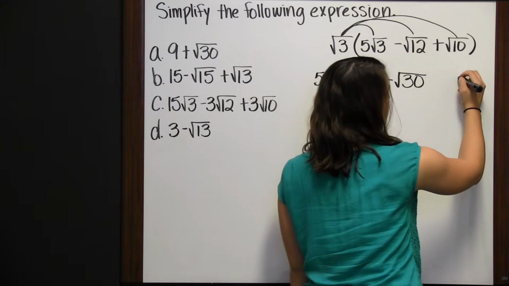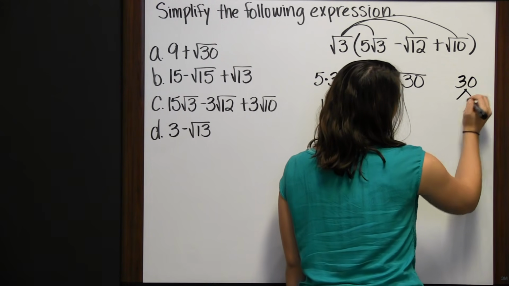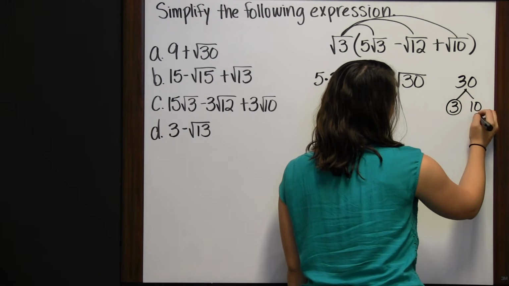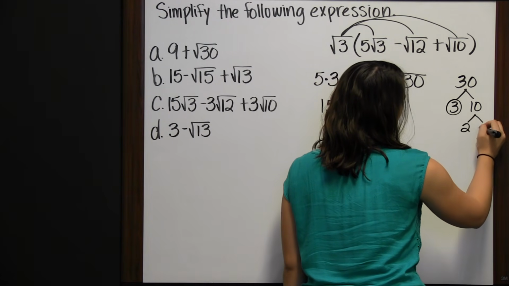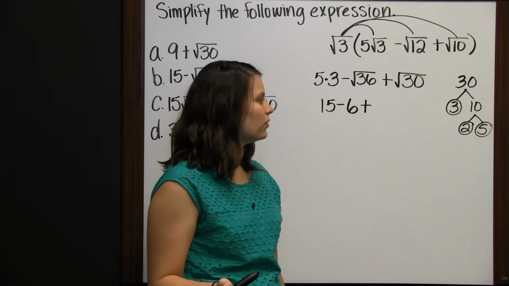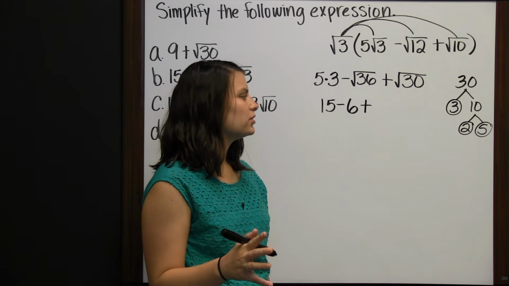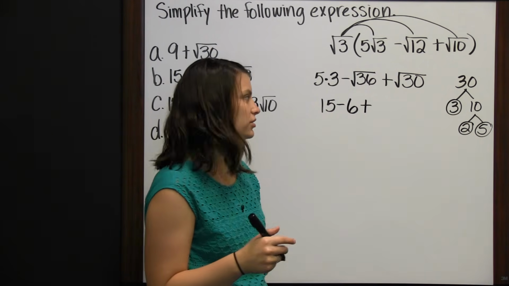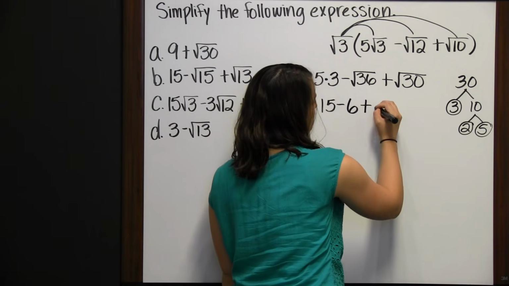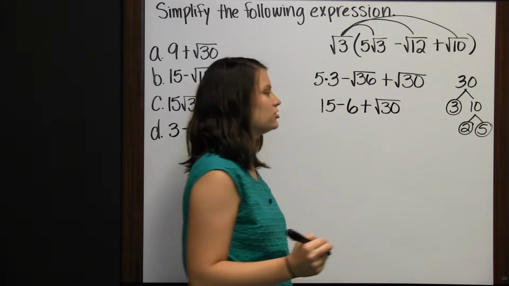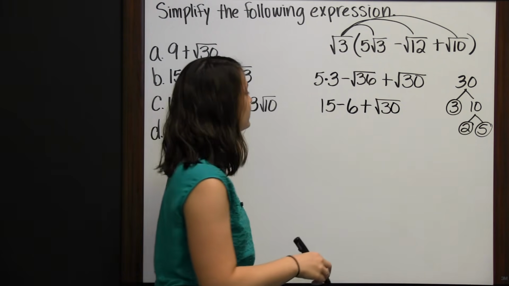So to break it down, you can just do a factor tree. 30 is 3 times 10. 3 is prime. And 10 is 2 times 5. And those are both prime. So I have no pairs of numbers and no perfect square factors. So I can't take the square root of any part of 30. So it has to be left as just the square root of 30.